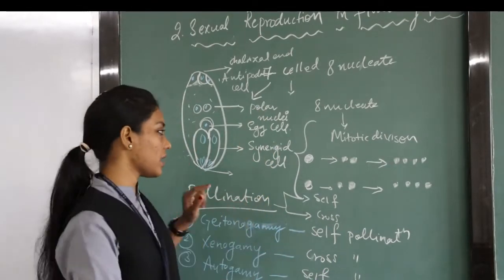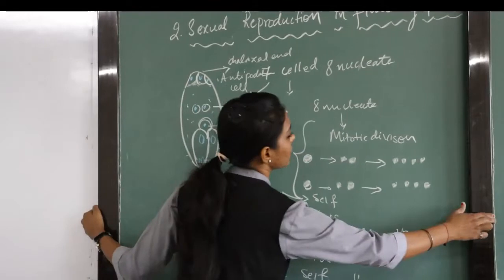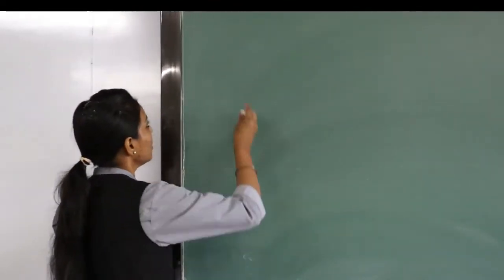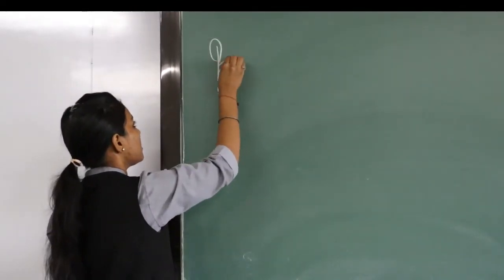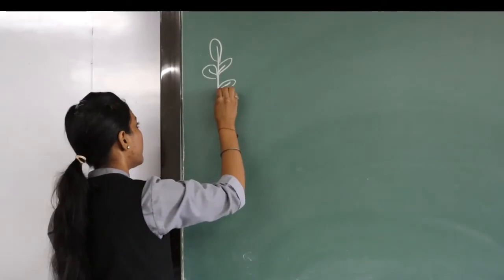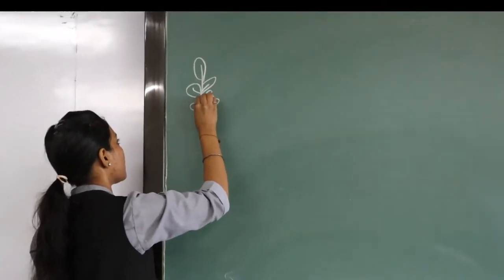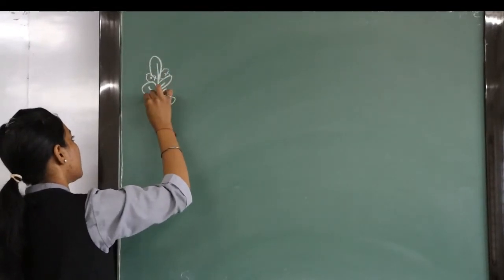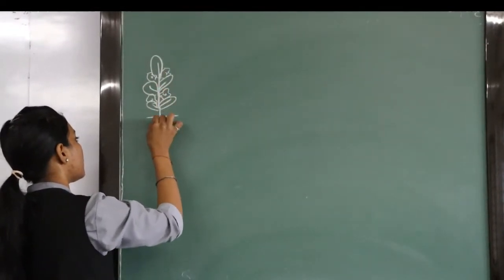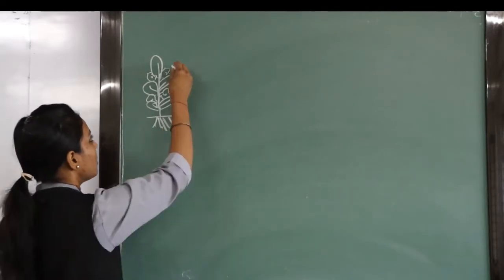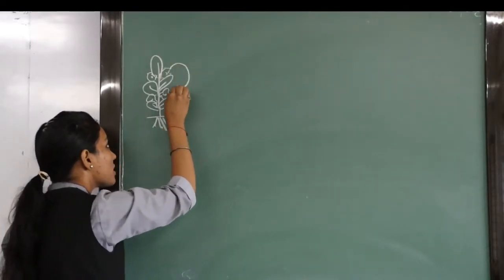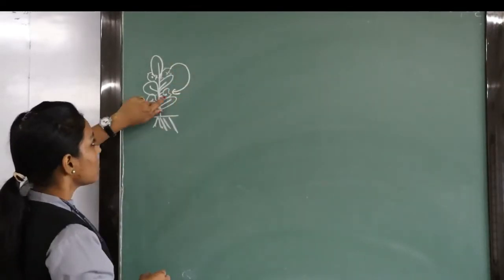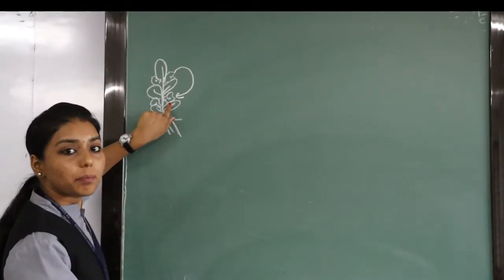Suppose if I draw it here, consider this as a plant bearing flowers. Here it has a flower, here also a flower is there, and here it has a flower. Now this flower will have pollination with a different flower of the same plant.